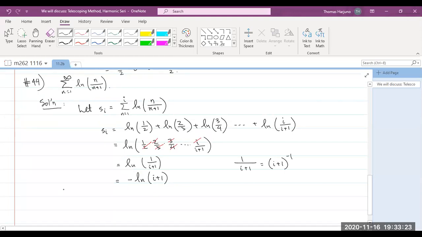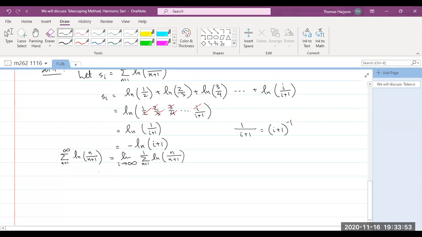Now, the infinite sum of natural log of n over n plus 1 equals the limit as i goes to infinity of the ith partial sum, which is the limit as i goes to infinity of Si.